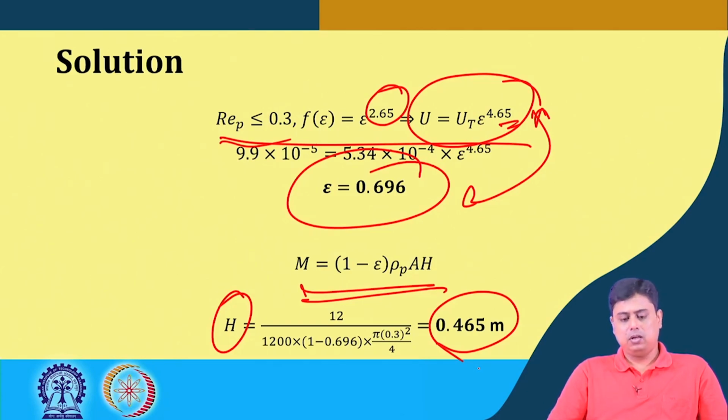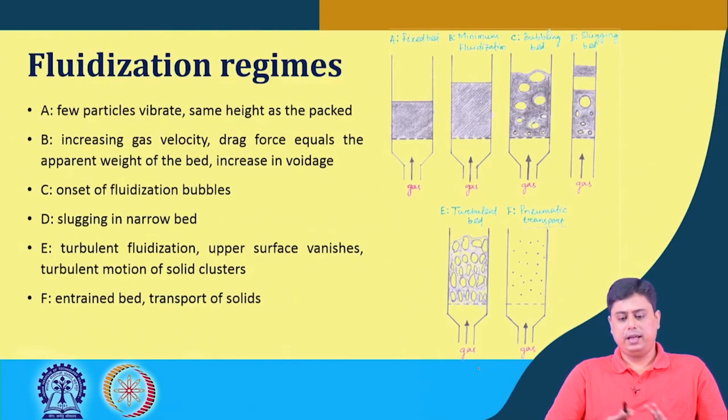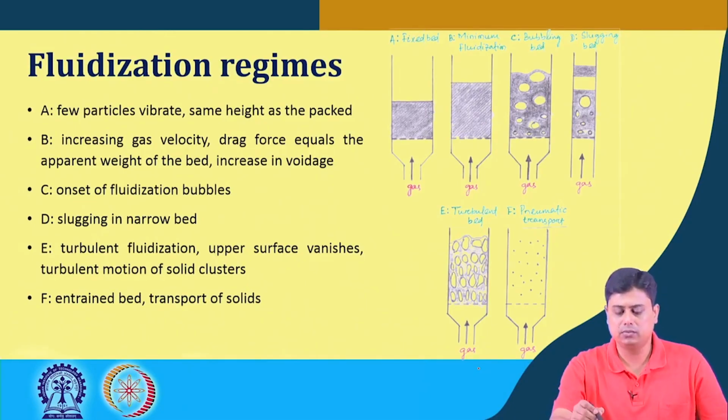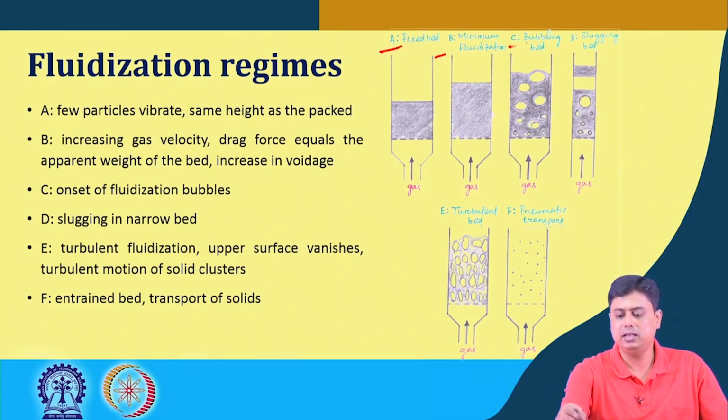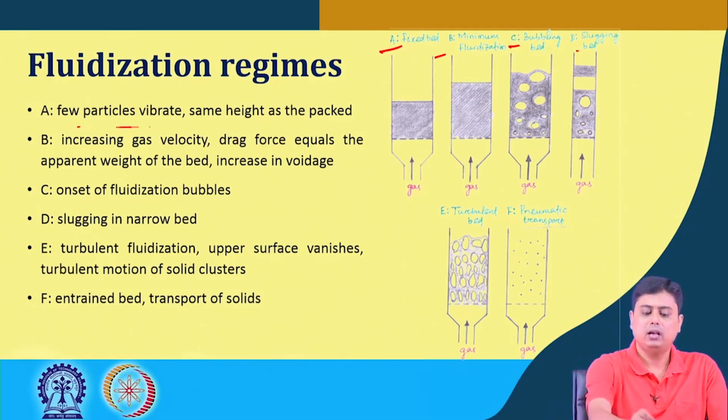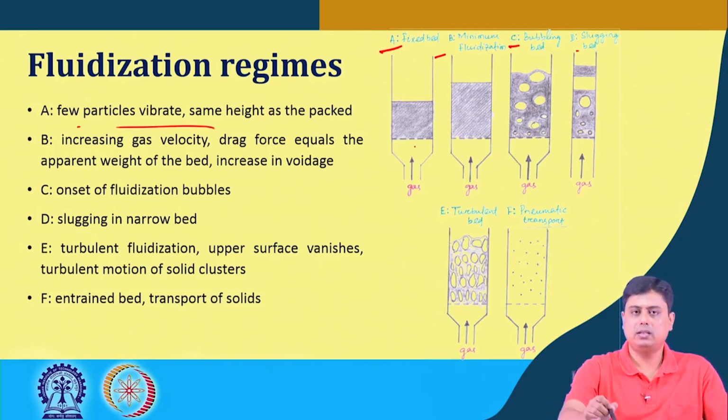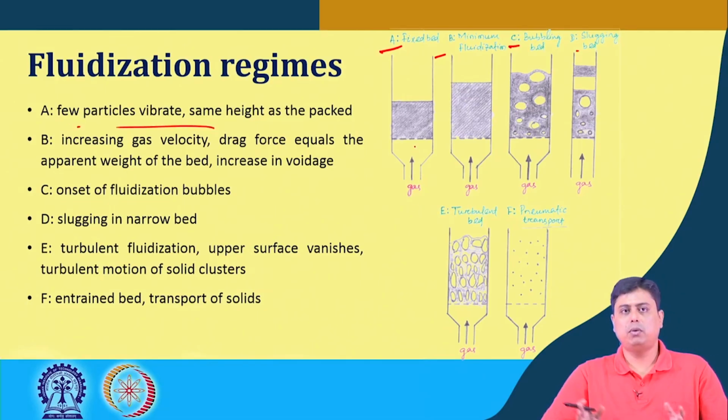So to sum up this fluidization, here is a chart that will help you remember. These are the conditions in fluidization, the cases A, B, C, D, E, F. In A, once the gas flow starts, a few particles will vibrate if they are in loose orientations, but the height is the same as the packed bed.